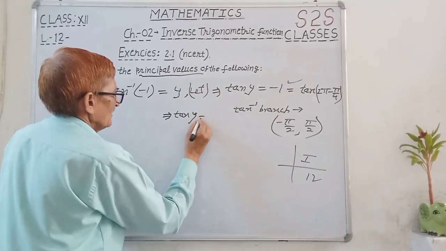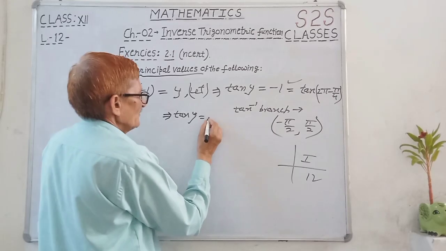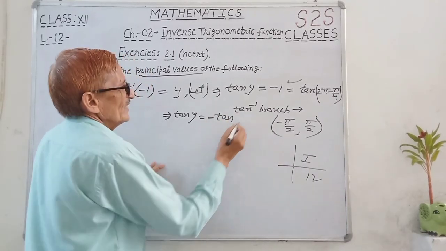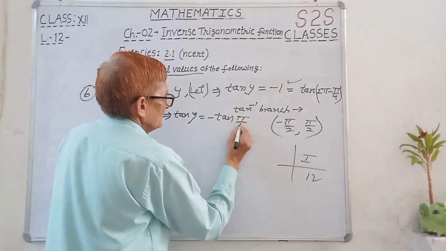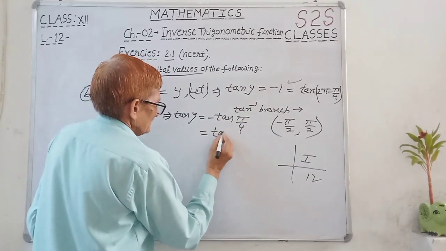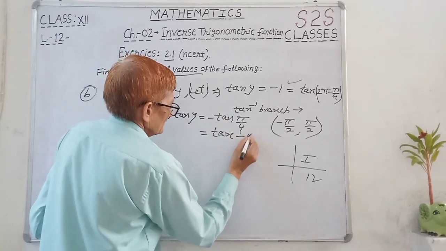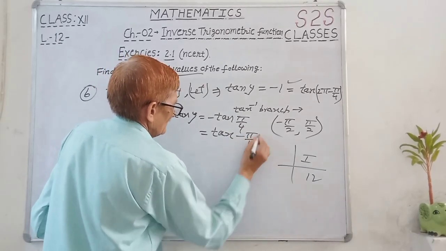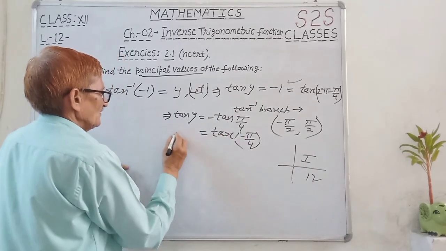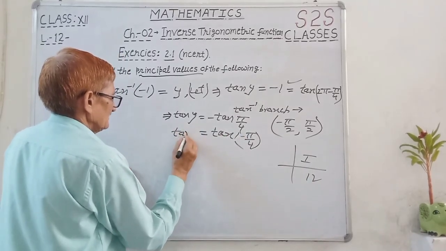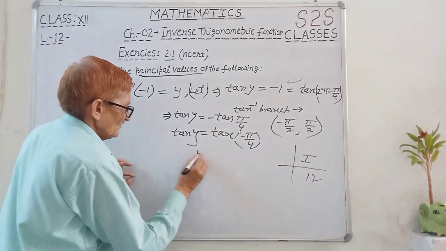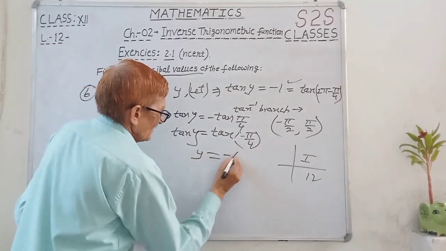This implies tan y is equal to minus tan pi by 4, and then this must be tan of minus pi by 4. Since minus tan theta is tan of minus theta, we can write y is equal to minus pi by 4.